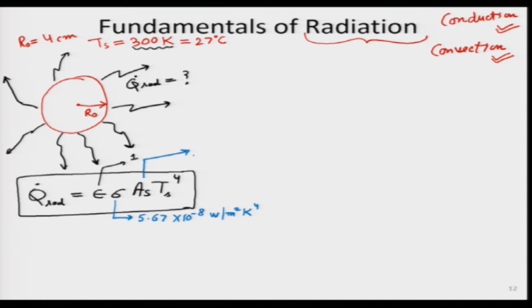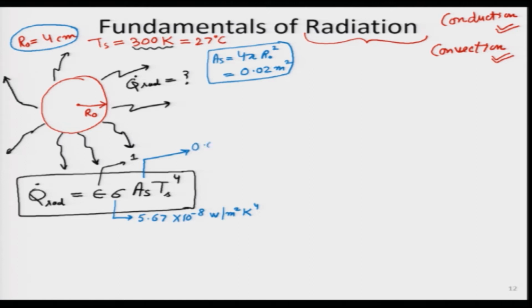A_S value I can figure out because I know the radius over here. So, if I know the radius r naught, then I can calculate the area of the sphere, 4 pi r naught square. If I have a calculator, I can do that very quickly, which I did already beforehand. So, for your help, I am just writing that rounded off value over here.